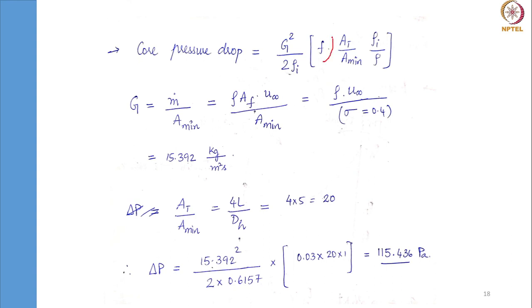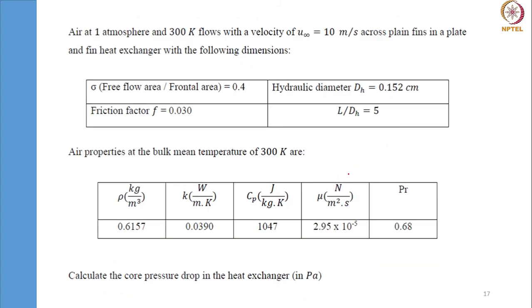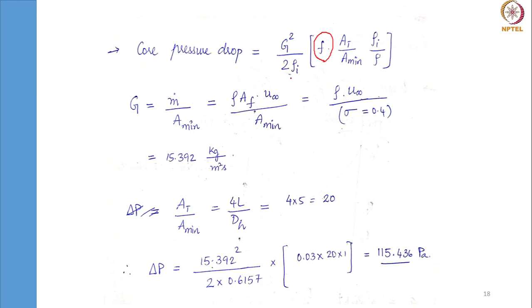So for frictional pressure drop, we have a factor f, which is already given. In our previous problem, we had to dig it out from the graph. So G square by 2 times rho i into friction factor times AT by A minimum into rho i by rho.